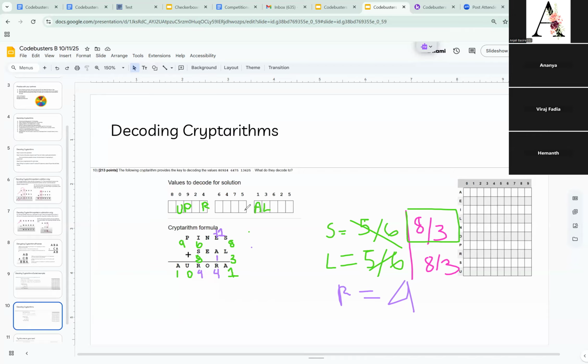Okay, and Ananya, can you explain why we got L as 3? I got a little confused. Okay. Do you get why we got S as 8 and I as 6?